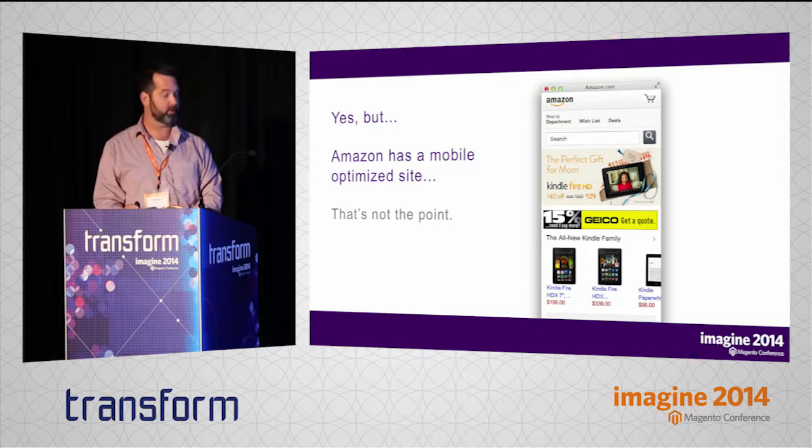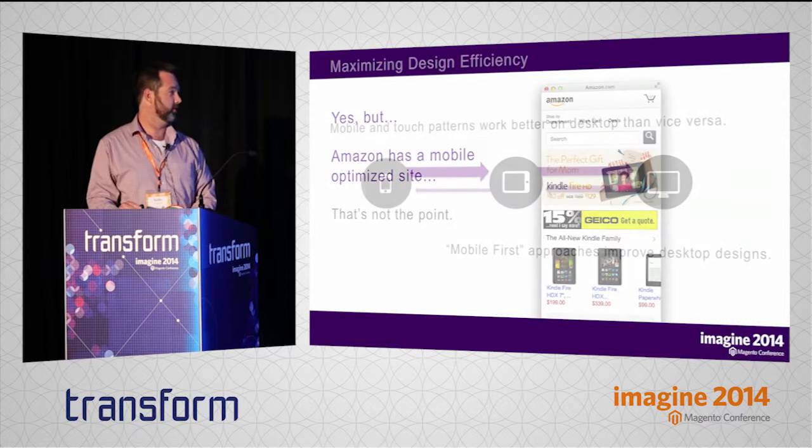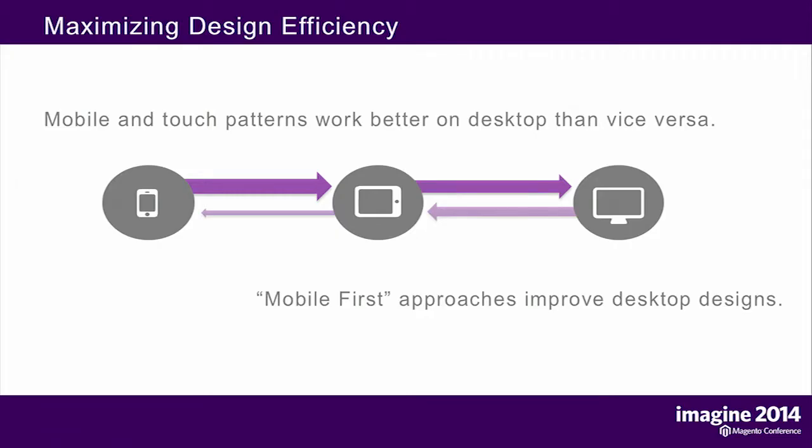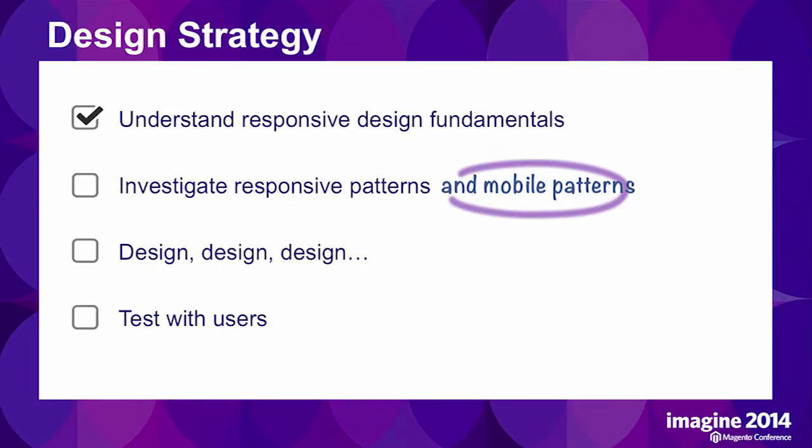That's not the point, or actually it kind of is the point, which is that the more I looked at these patterns, the more it became clear that mobile patterns would scale up through tablet and desktop much better than vice versa. So a lot of desktop patterns aren't necessarily working as well for tablets and mobile devices. So this kind of mobile-first design technology is actually making our desktop designs better.